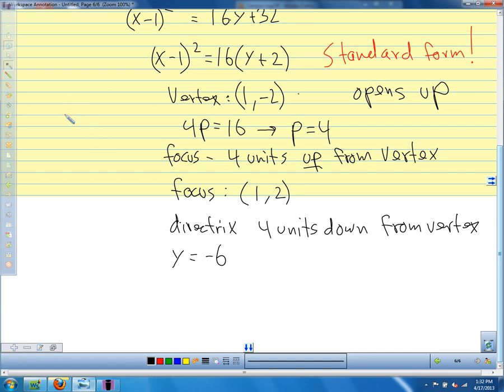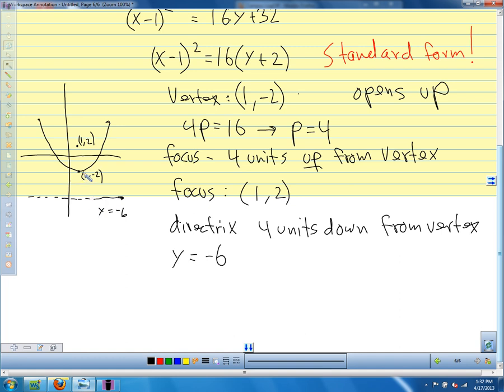So if I sketch a quick picture of this parabola, my vertex is at 1, -2. It opens up. My focus is at the point 1, 2. My directrix is this line, y equals -6.